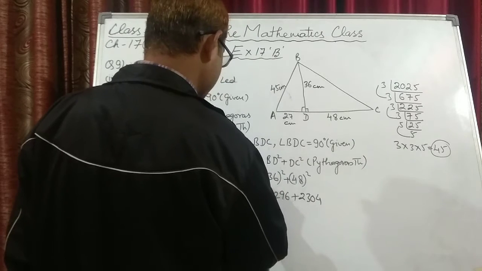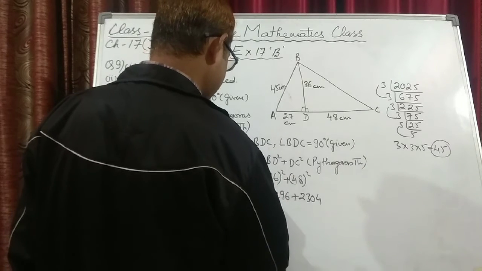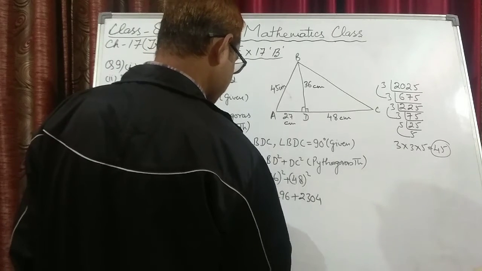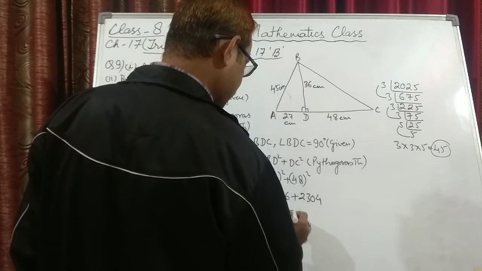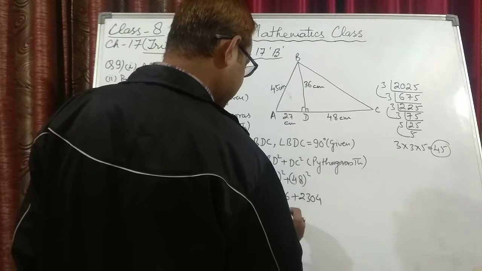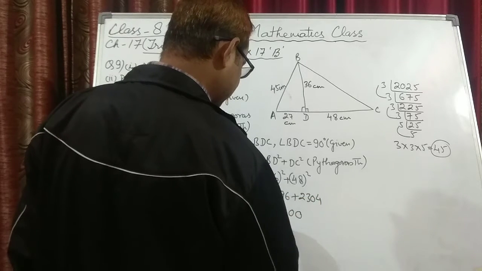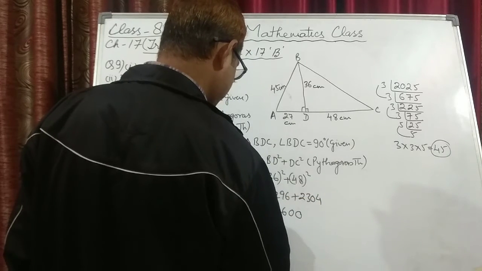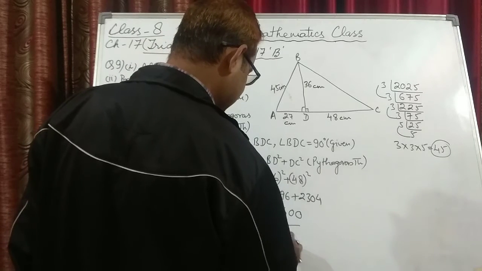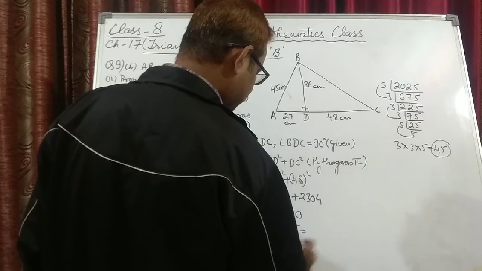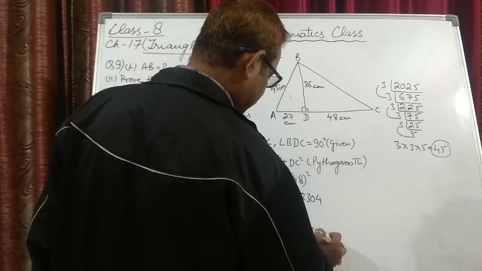Adding these gives your BC square, which is 3600. So BC will be under root 3600, which comes out to be 60 centimeters.